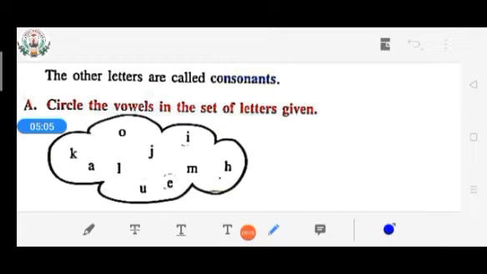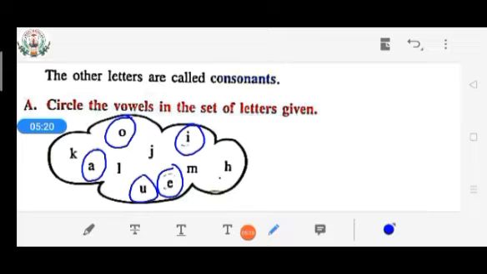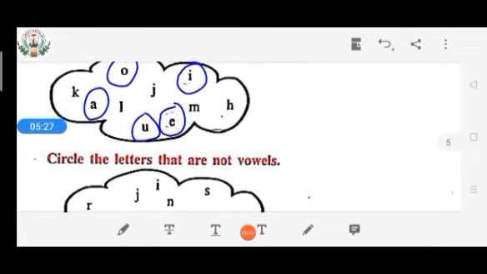What are the 5 vowels, children? A, E, I, O, U. You have to circle the 5 vowels. Next one.